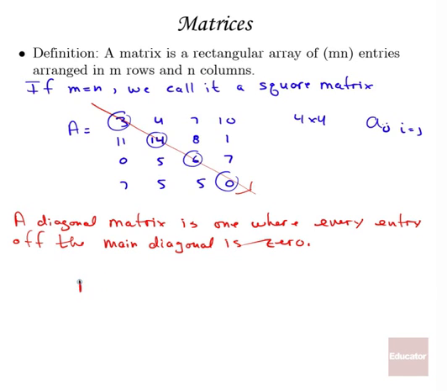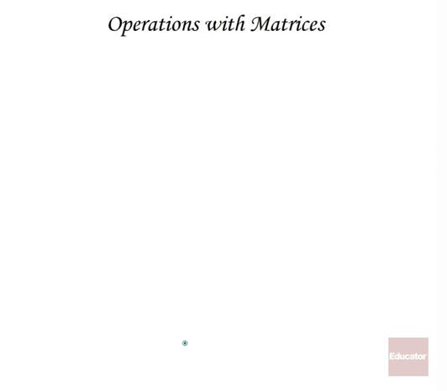So something like, if I have A, I have 3, 0, 0, 0, 4, 0, 0, 0, 7. So notice I have entries along the main diagonal, 3, 4, and 7, but every other entry is 0. So this is called a diagonal matrix. A diagonal matrix is a square matrix where only the main diagonal is represented. Good.